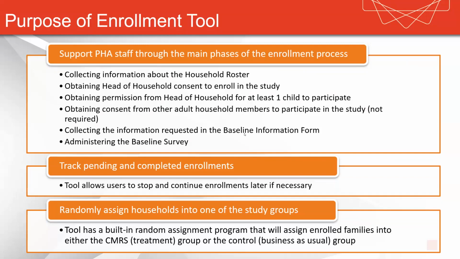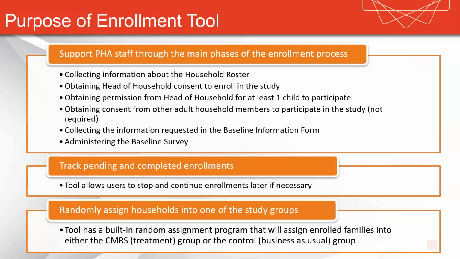Great. So the purpose of the enrollment tool primarily is to support you all, PHA staff, through the main phases of the enrollment process. So from collecting the household roster, obtaining consent, permission for at least one child in the household to participate in the study, collecting the information requested on the baseline information form, administering the baseline survey, and then conducting random assignments.